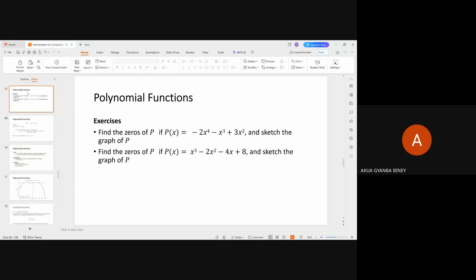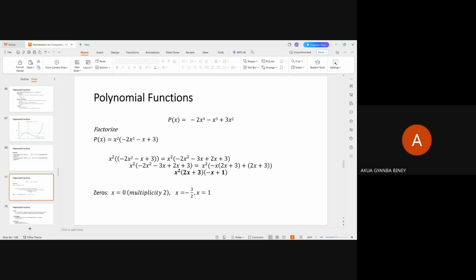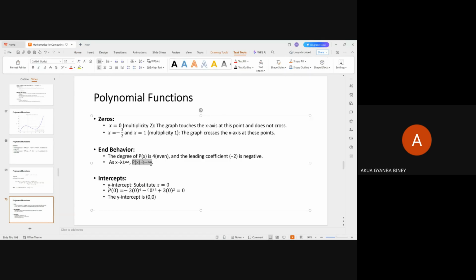Okay, I think it's supposed to be the whole curve, the P of x, not just x.